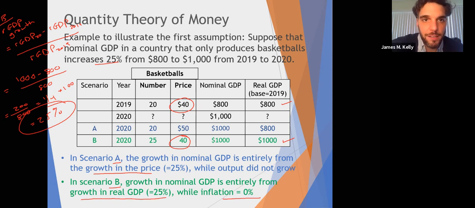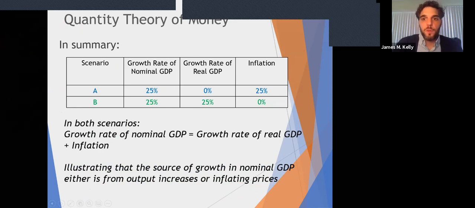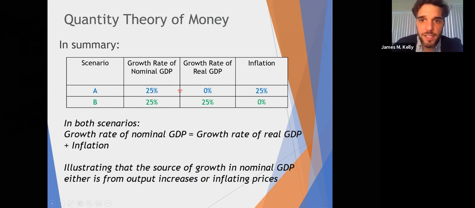So to summarize, well, when our growth in nominal GDP is 25%, and again, in both scenarios, it's not surprising that when we aggregate the growth in output or real GDP with the growth in the price level or inflation, in both scenarios, when we aggregate them, they both equal the rate of growth for nominal GDP.